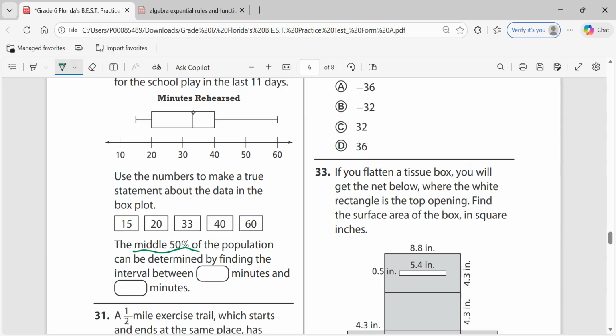All right, so if we remember the box plot, each section is 25%. So that's 25% of the data, 25% of the data, 25% of the data, and 25% of the data. The middle 50% then is going to be right in here because it has to be in the middle. And it's 50%. 25 plus 25 is 50. So it's going to be between 20 and 40.